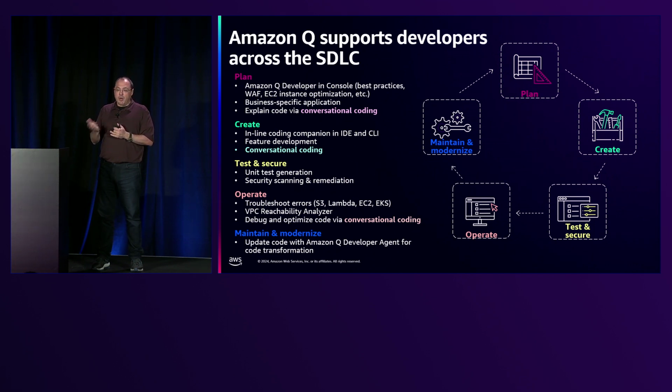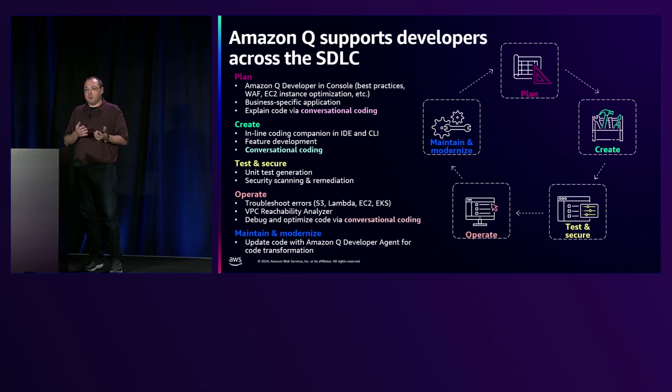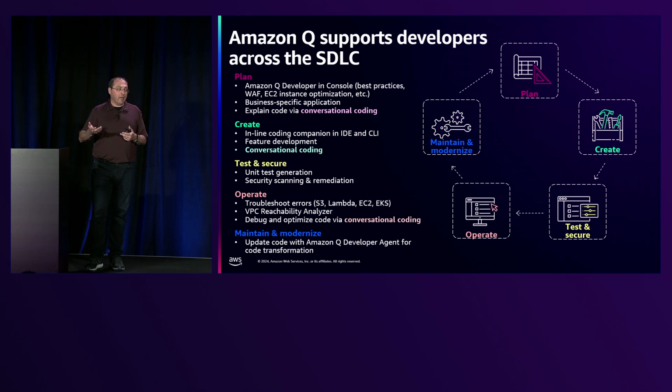Well, we're not done, because once we have operational code, it's been there for a while, we may need to upgrade it to a new version of a framework or a new version of a language. So Q Developer is there in terms of transform. So Q transforms for Java to go from Java 8 to Java 17 today, and our announcement on Tuesday for .NET to upgrade our .NET code is in preview.